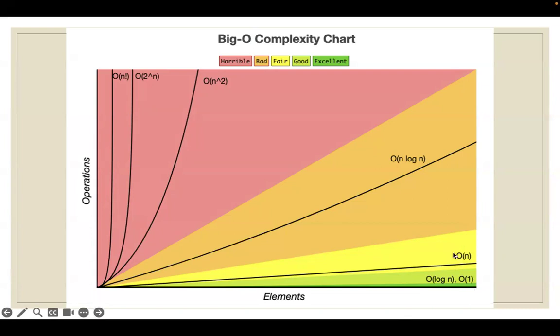N linear time, it's okay. N log n is a little bit worse. The rate of increase is higher, but it's still better than n squared or an exponential or a factorial function. As you get up here, you really don't want to do that, because that's going to take a lot more time.